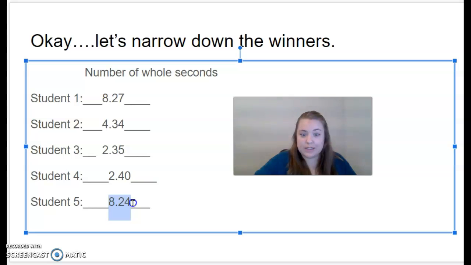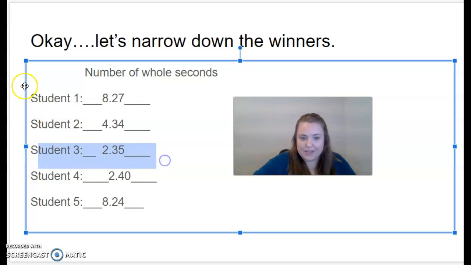Which one of those is larger? Remember, we're looking for the biggest number. Good. 27 hundredths is going to be larger because we have a 7 in the hundredths and a 4 in the hundredths. So student 3 was the quickest, and student 1 was the slowest.